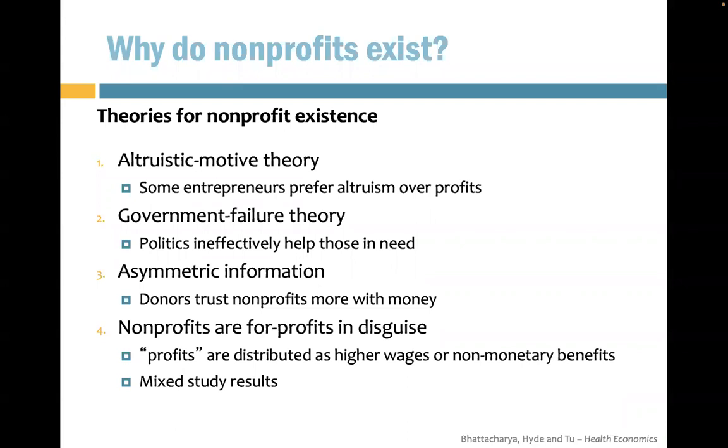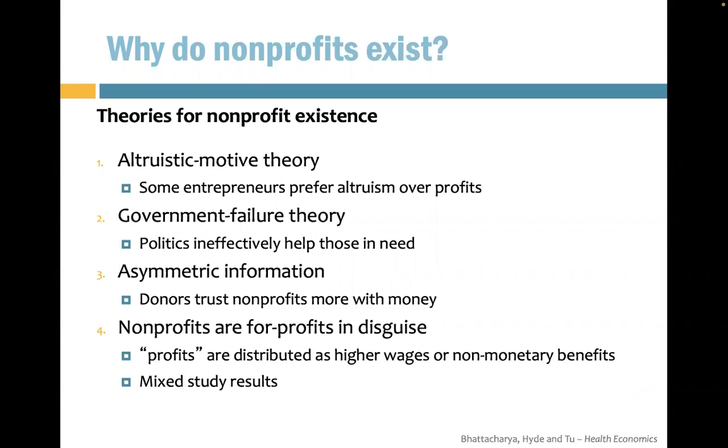This theory says that some entrepreneurs prefer altruism over profits. The second theory is called government failure theory. This theory believes that government is not doing a great job in some part of the market or the economy. So then nonprofit plays a role in filling that gap, in making up that part of the market failure.